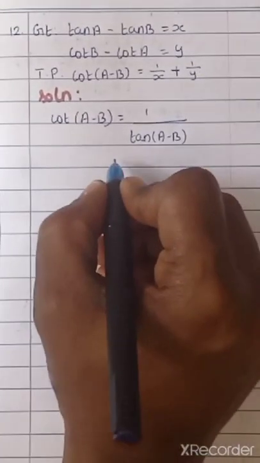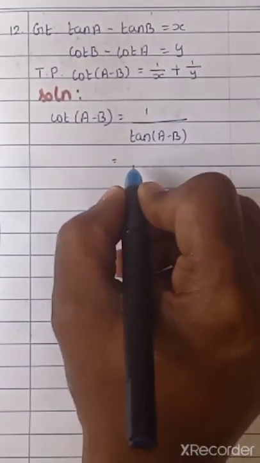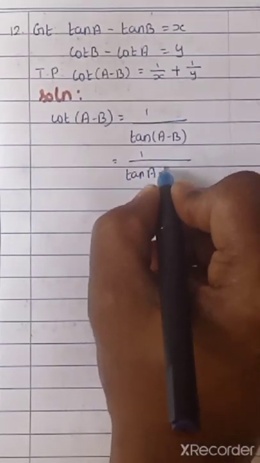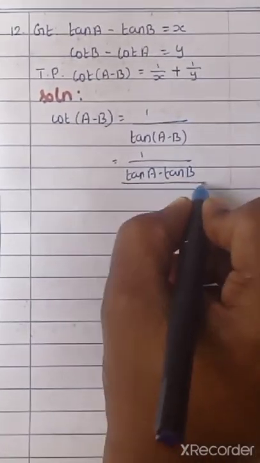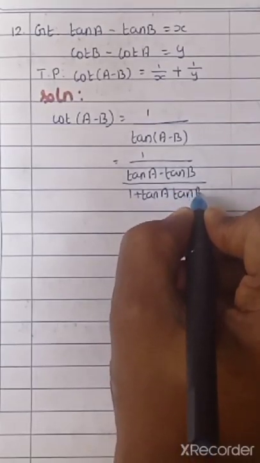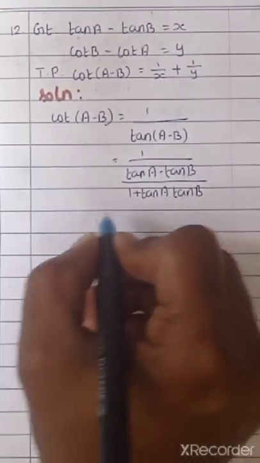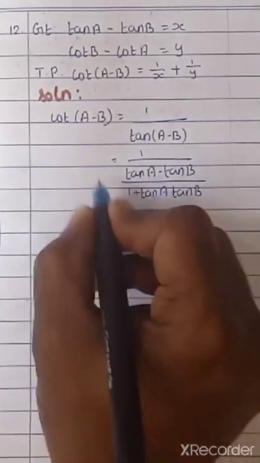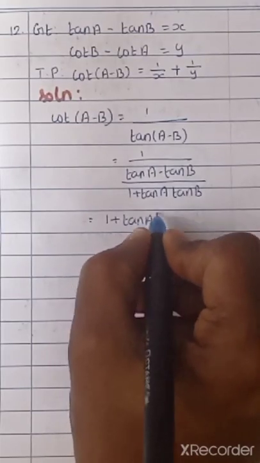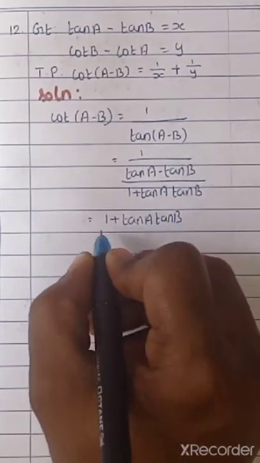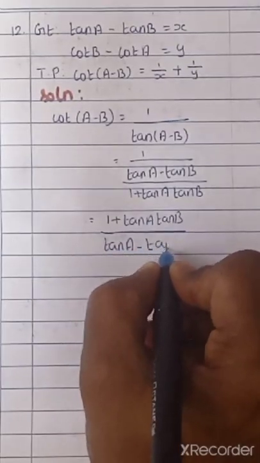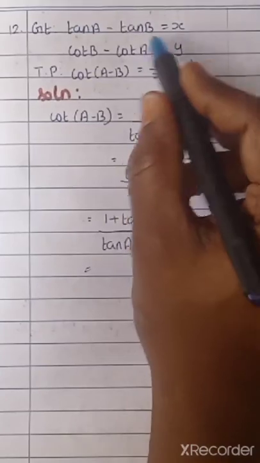Which equals, using the tan(A-B) formula: tan A minus tan B by 1 plus tan A tan B. Taking the reciprocal, we can write it as 1 plus tan A tan B by tan A minus tan B. Tan A minus tan B is given as x.